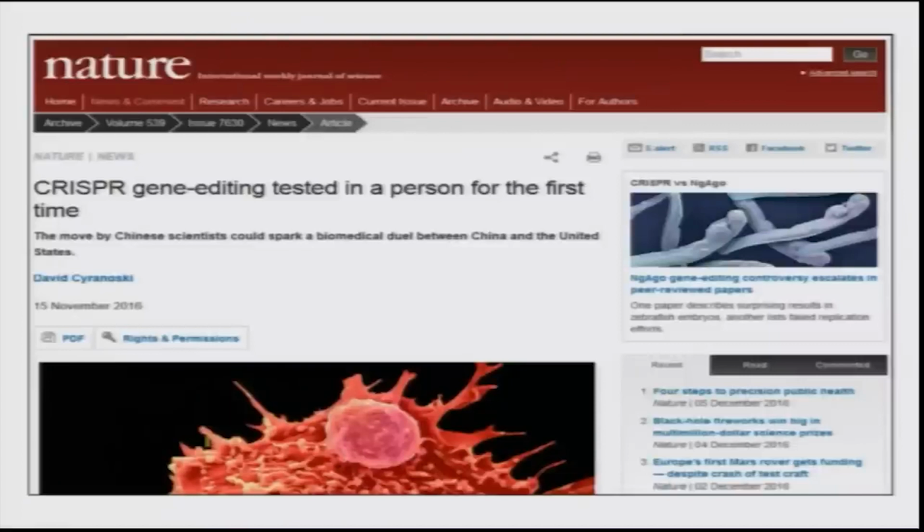In fact, very recently, last month in November 2016, the first attempt to fix a mutation leading to a particular kind of cancer, in this case lung cancer, in a human was approved. A Chinese group used this approach. The approach is to take the cells from the human body, fix the error and put the cells back, therefore you are able to control this.